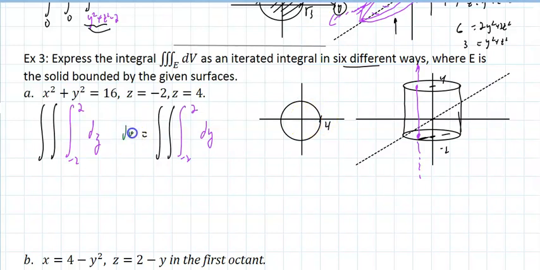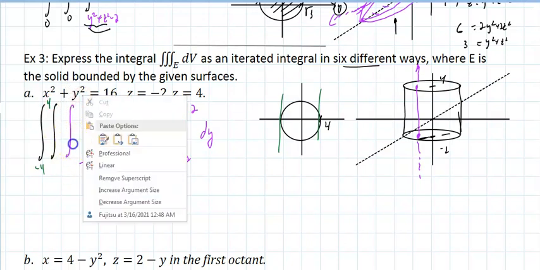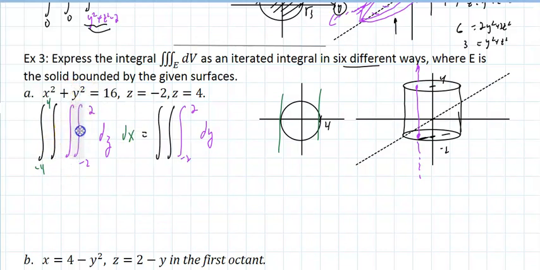If I run this the traditional way, x runs from negative 4 to 4, and y would run from y equal negative the square root of 16 minus x squared to the square root of 16 minus x squared.